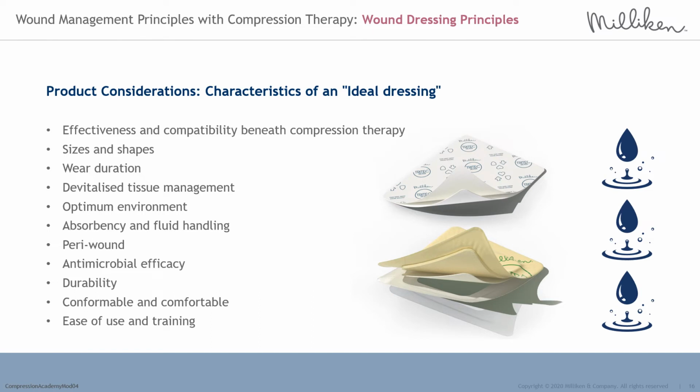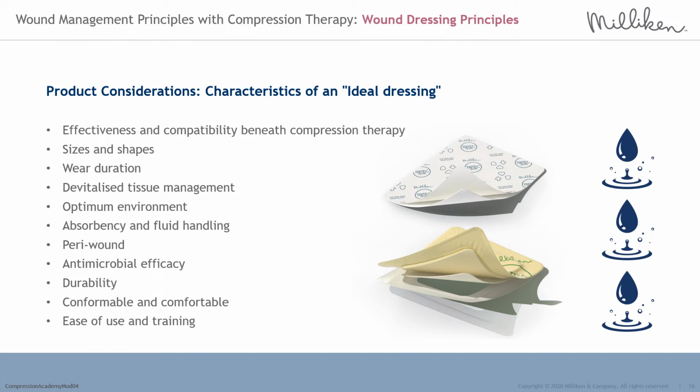We want to maintain a moist wound healing environment to promote healthy cell growth and migration. Absorbency and fluid handling capabilities, so being able to manage different levels and different consistencies of wound exudate. We want to prevent peri-wound complications through the movement of excess exudate, so we want to have a protective barrier.